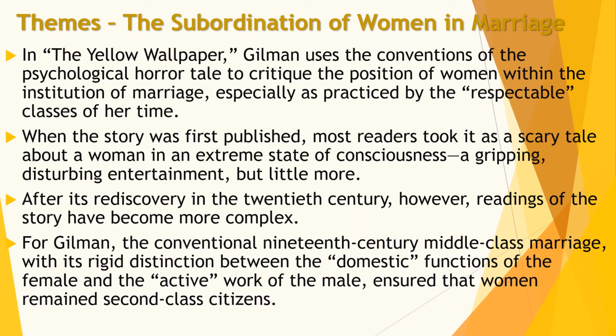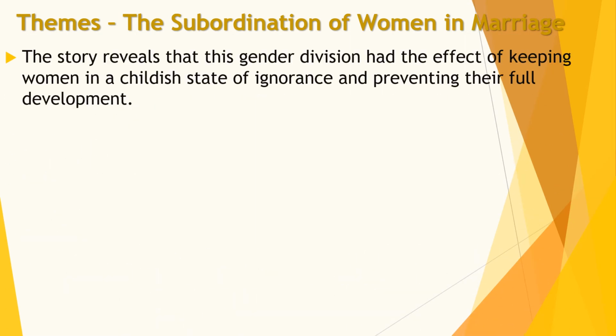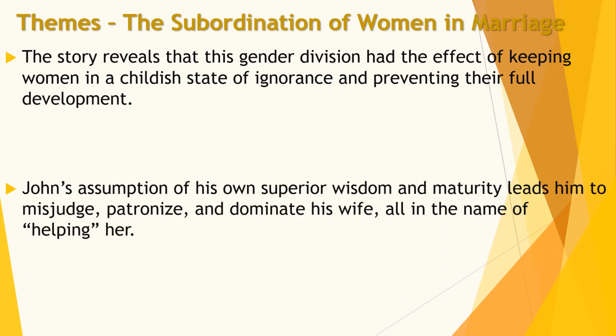For Gilman, the conventional 19th century middle-class marriage, with its rigid distinction between the domestic functions of the woman and the active work of the husband, ensured that women remained second-class citizens. The story further reveals that this gender division had the effect of keeping women in a childish state of ignorance and prevented them from full development.